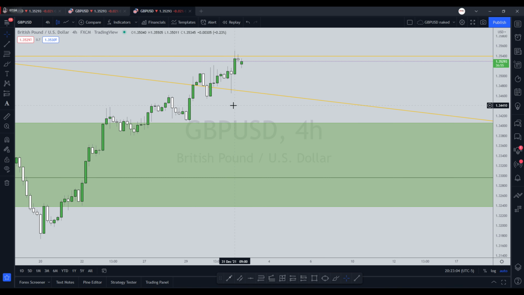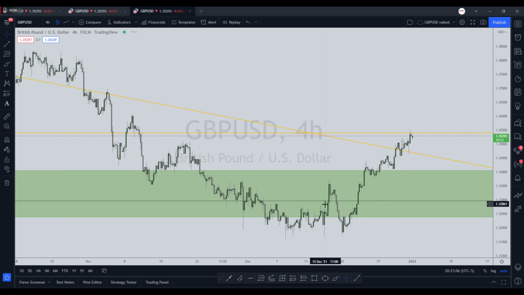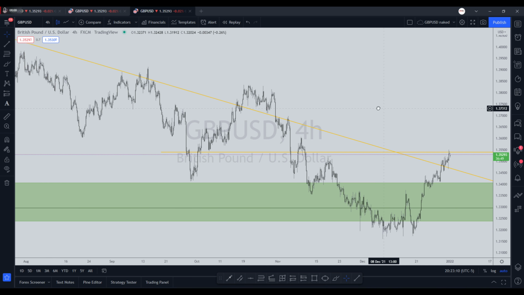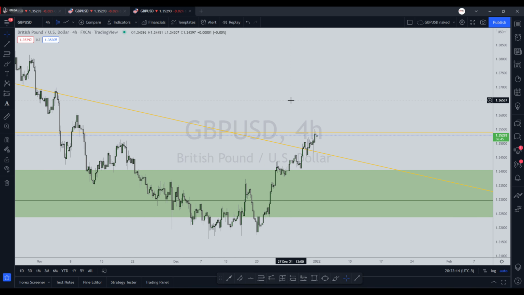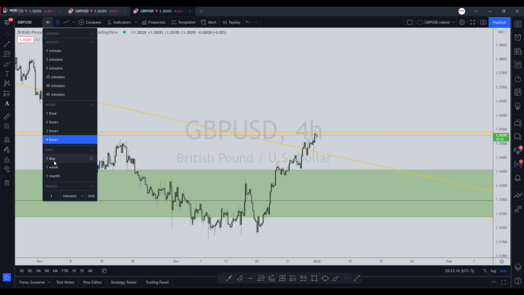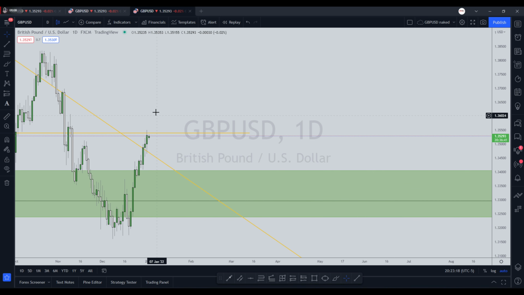Now I'm gonna go to H4 and see, it's just a little uptrend right there, but market is not ready yet for the actual uptrend until certain things happen.